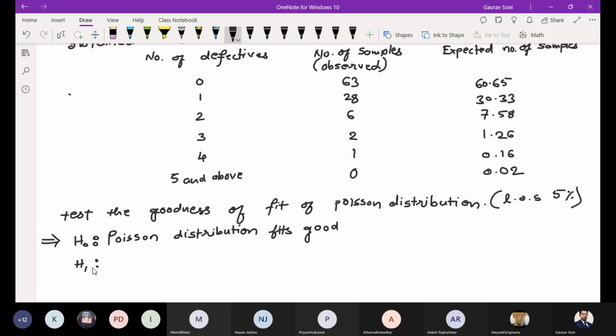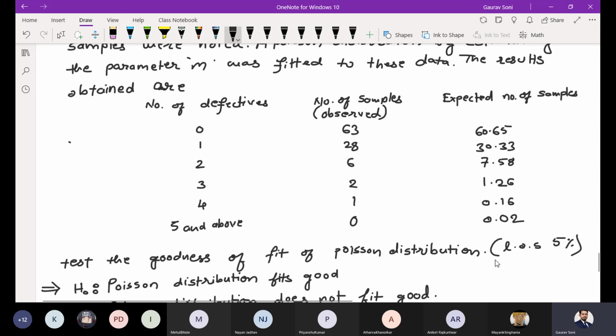H1 is that the fitting of Poisson distribution is not proper, or the Poisson distribution does not fit good.